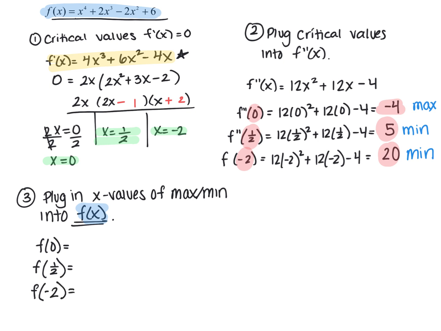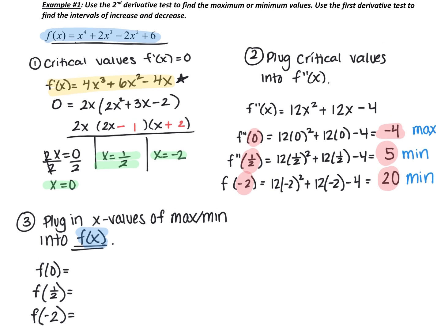So again, you're using the original function. So if you want to go back up here, you absolutely can. And you're going to plug in to this guy. So 0 to the 4th plus 2 times 0 to the 3rd, 2 times 0 squared, and then plus 6.